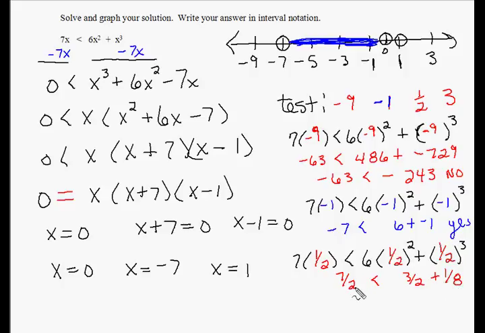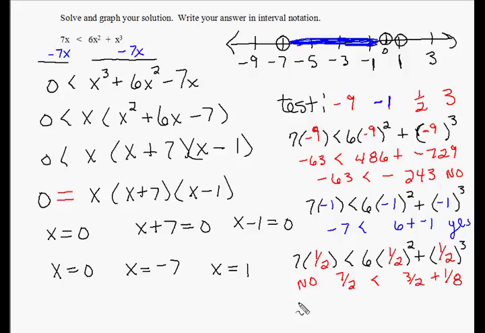So we have 7 halves, or 3.5, is less than, adding these two fractions together, 3 halves plus 1/8 is equal to 1 5/8, which is not true. So if it's not true, then there's not going to be any shading between 0 and 1.